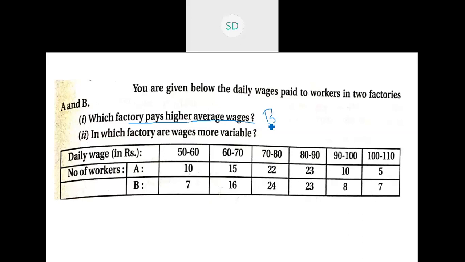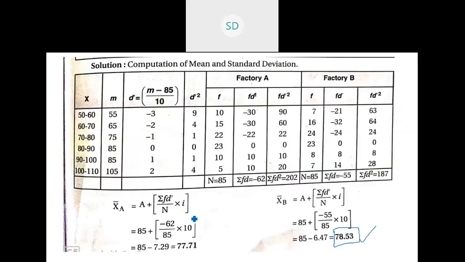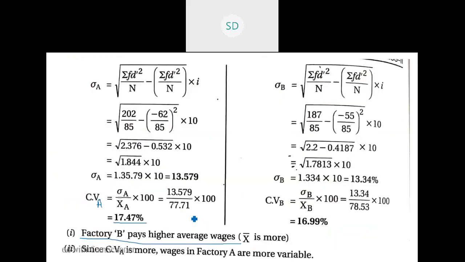Now the second question: which factory wages are more variable. More variable means more distributed, the difference is too much. That conclusion can be given after finding out the CV. In CV, if the CV is more, it means it is more variable.